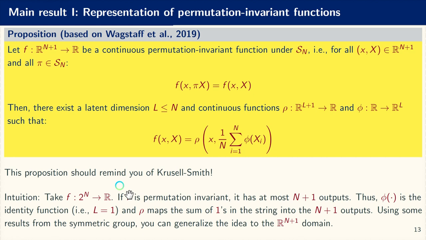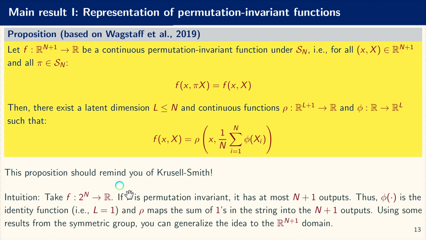Be a continuous permutation invariant function under the symmetric group. That is, we take f, we permute x in any way, big X in any way possible given the pi's, we still have the same f.